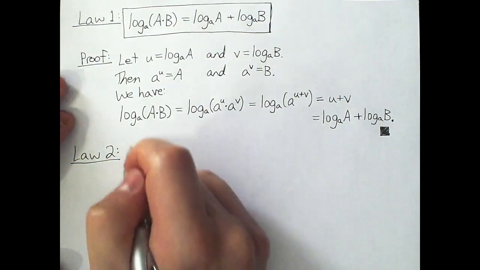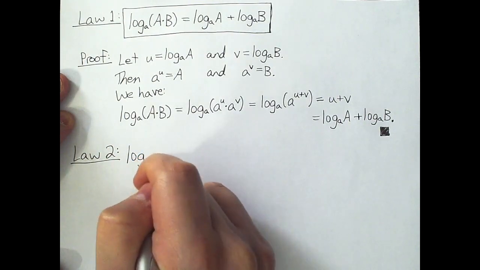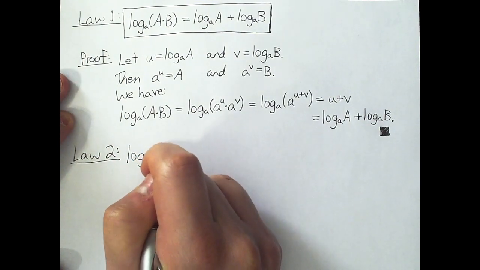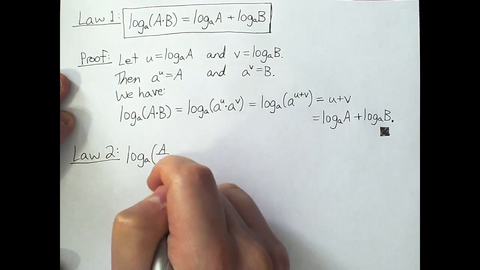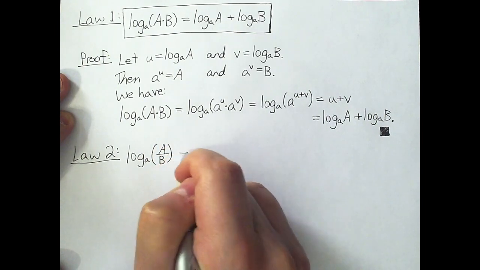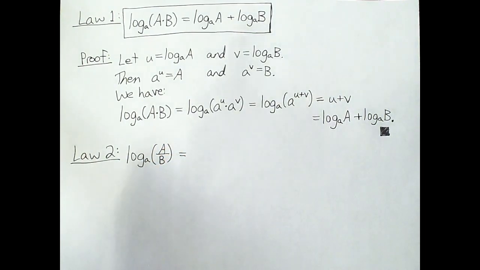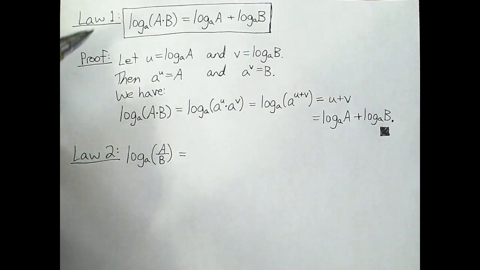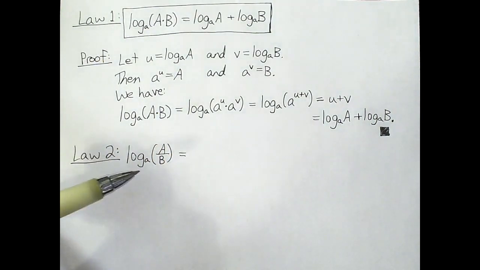Law 2 says a logarithm base a of a quotient, a over b. So law 1 was a product, a times b. This is the quotient, a over b.